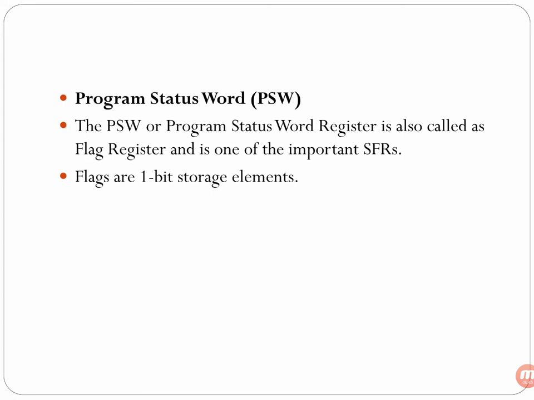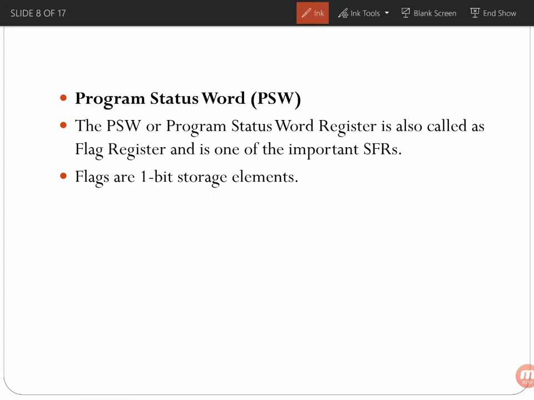The PSW register consists of flag bits which help the programmer check the condition of the result and also make decisions. Flags are 1-bit storage elements that store and indicate the nature of the result generated by execution of certain instructions.